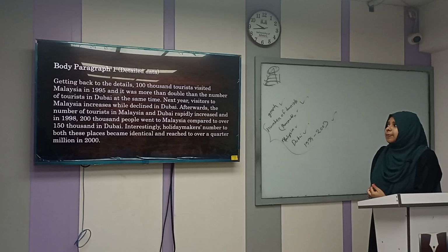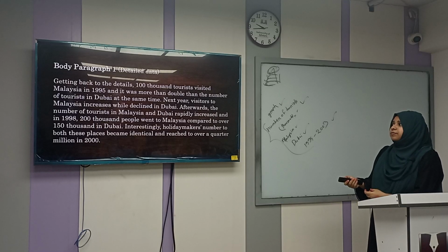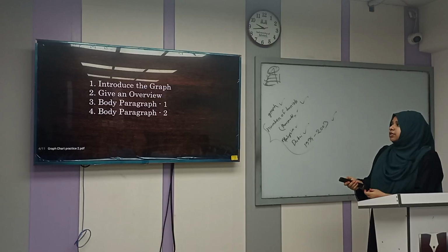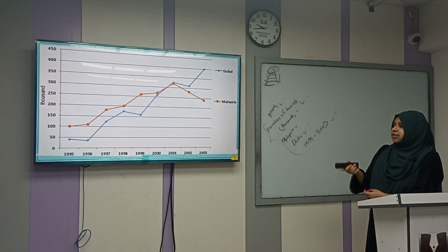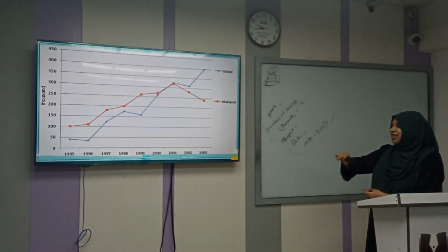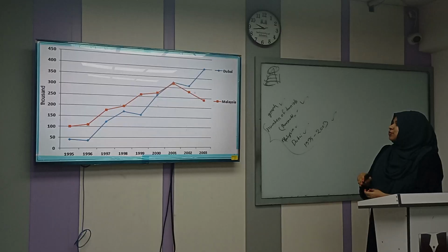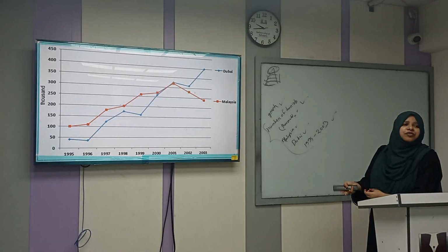Getting back to the details, 100,000 tourists visited Malaysia in 1995, and it was more than double the number of tourists in Dubai at the same time. So let's see. At the starting year 1995, Malaysia tourists were 100,000, and Dubai was around 50,000.